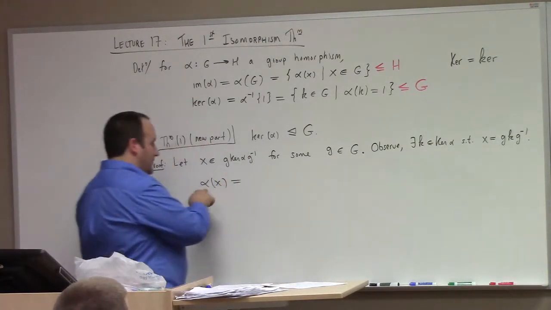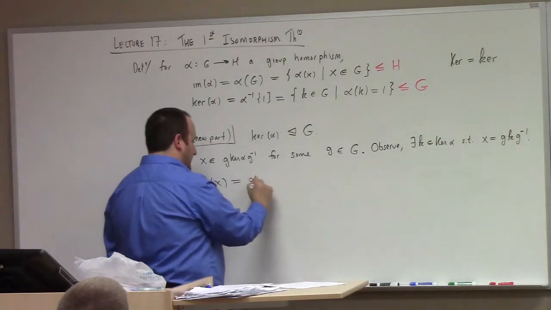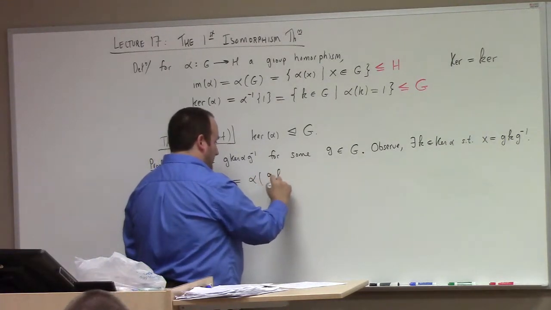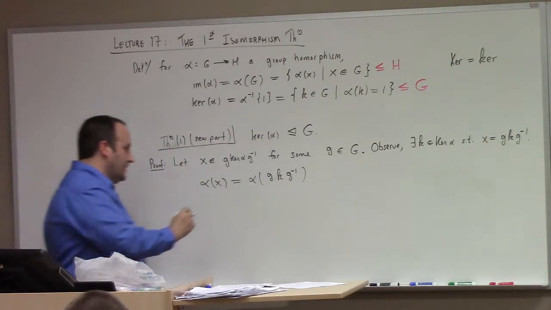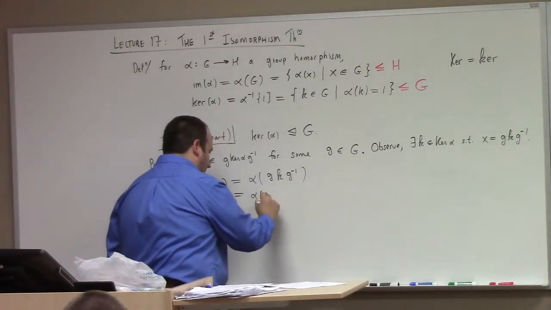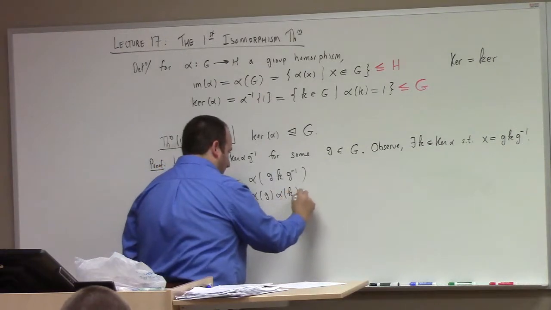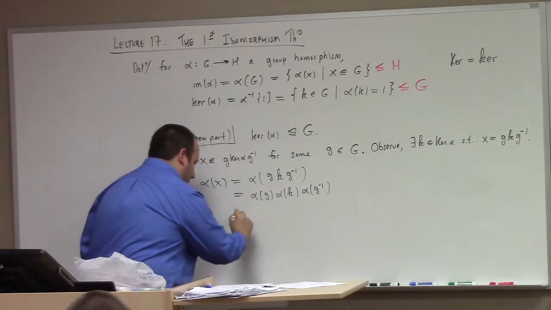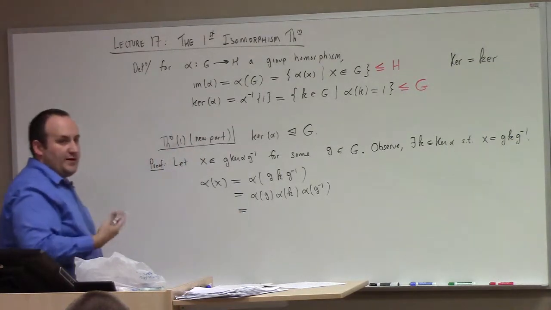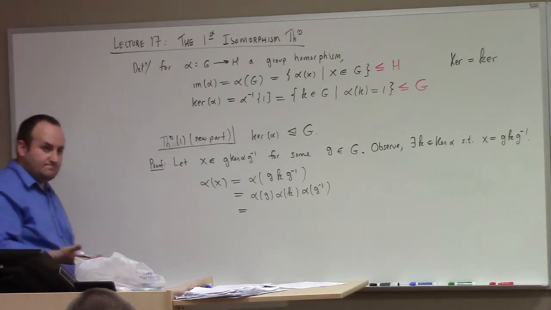Okay, so anyway, alpha of x is then alpha of gkg inverse. But this is a homomorphism, so that's really alpha of g, alpha of k, alpha of g inverse, right? But what's alpha of k equal to? Remember, k is in the kernel. Alpha of k is 1.